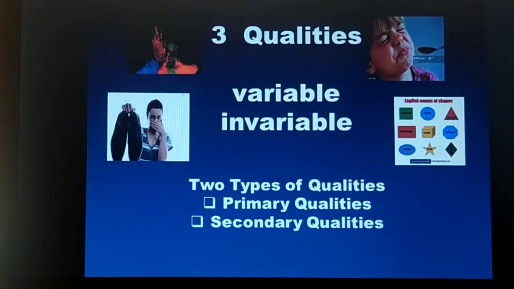Today, we will discuss mainly the important distinction between the primary qualities and the secondary qualities of things. Because we can see some qualities are variable and some qualities are invariable. Because of these variabilities and invariabilities, the qualities may be classified into two types: primary qualities and secondary qualities.